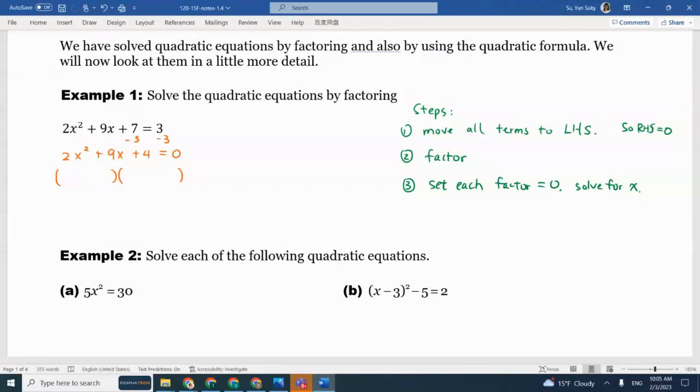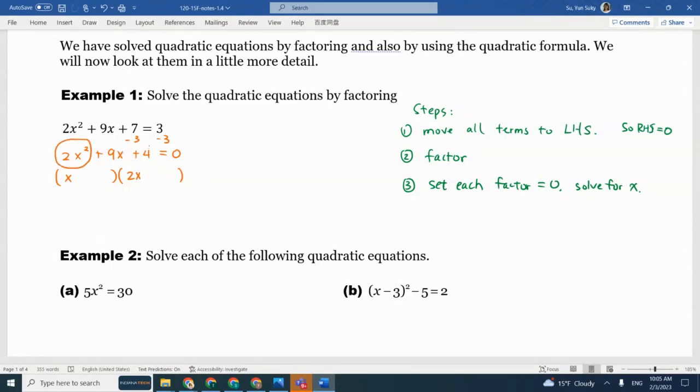The way I learned is I put 2 pairs of parentheses. Then I look at the leading term, which is the highest power term. The factors of 2x squared must be x and 2x. Right, everybody? So we put x and 2x here.